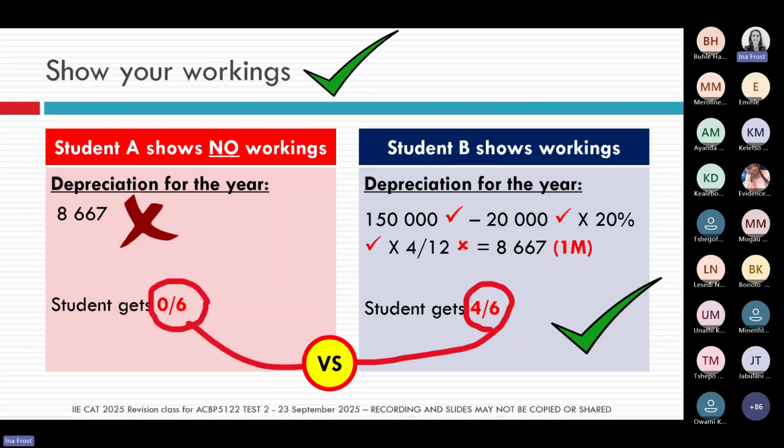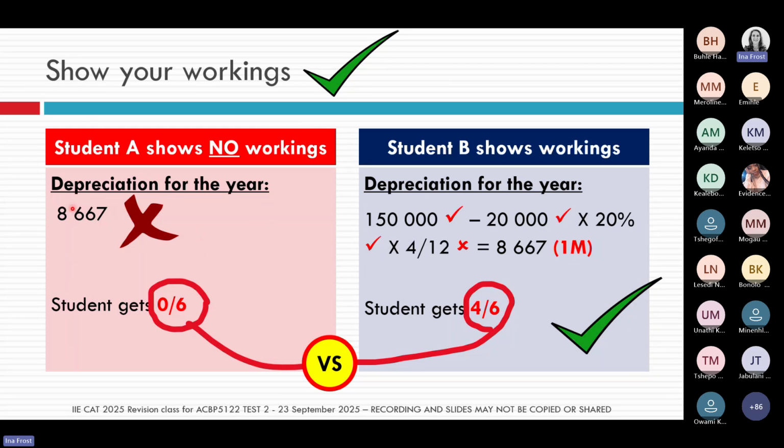Okay, students, this was the slide we were talking about earlier. This is for depreciation calculations, but it's just to illustrate to you the importance of showing workings. Here we have 2 students, student A and student B. You can see both students gave us exactly the same answer for a particular calculation, but both their answers were actually incorrect.